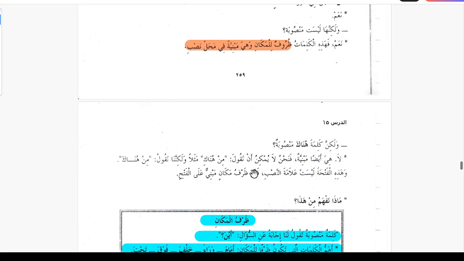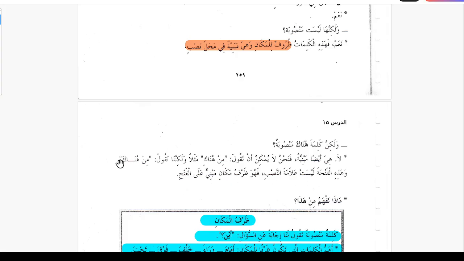فنحن لا يمكن أن نقول, so it is not possible for us to say min hunaki. So when min won't change this to ism majroor, then that is a mabni word, it does not change. And walakinna nakulu, for example when we say min hunaka, hunaka is mabni, this min is not changing it.